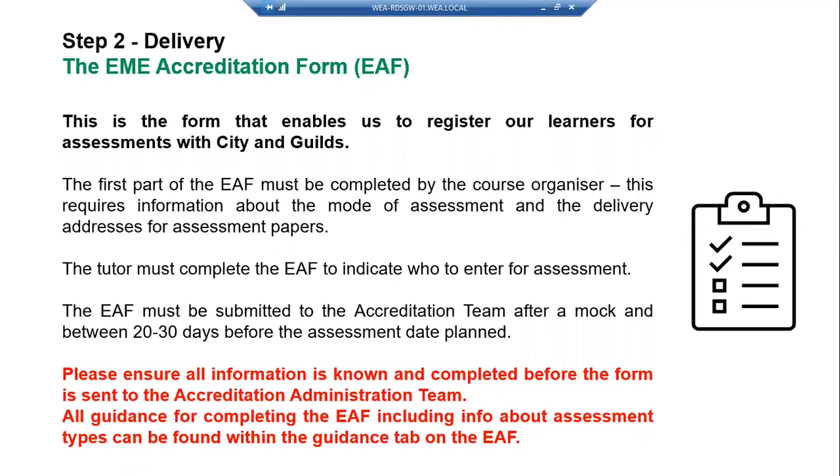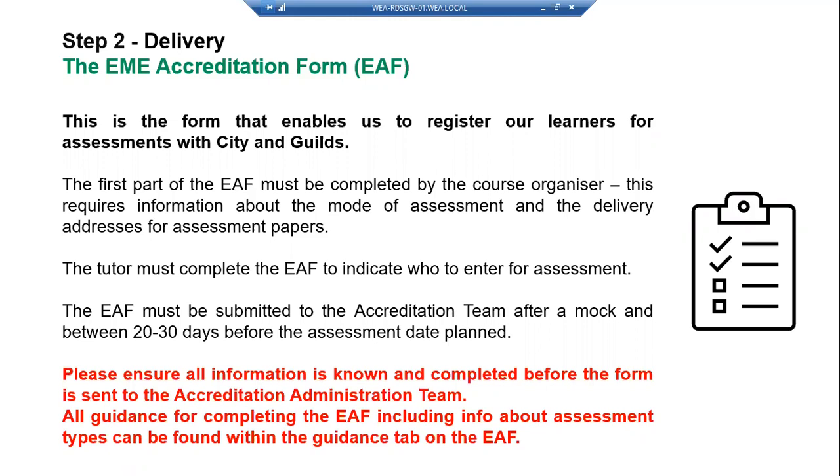And Ruth and the team have worked really hard at trying to give you everything that you need to know within that form. We're having to operate so manually at the moment because we don't have a system in place where we can just at the click of a button say we want to register this learner and it goes to the awarding body. So there's a lot of manual work that goes on with spreadsheets, hence the EAF.